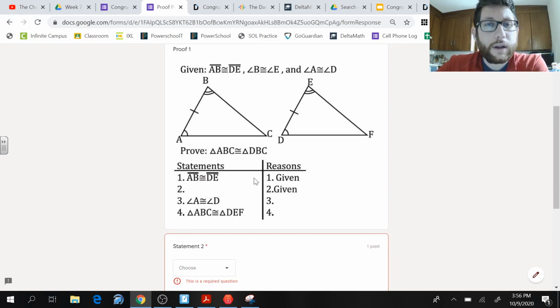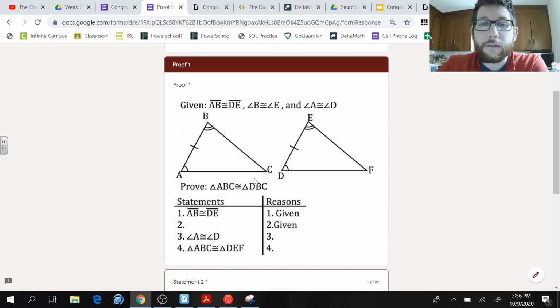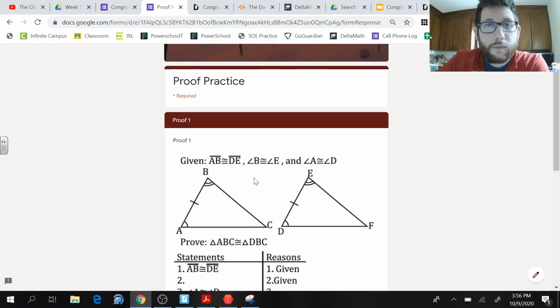But I don't want to see 0% right the first time and then 100% the second time because you just copied down the answers. That's not going to get you full credit. But if you make mistakes and you're struggling and working on it, that's totally fine. This is practice, right? We want you to be able to practice without fear of getting punished for just practicing. Let me know if you have any questions.